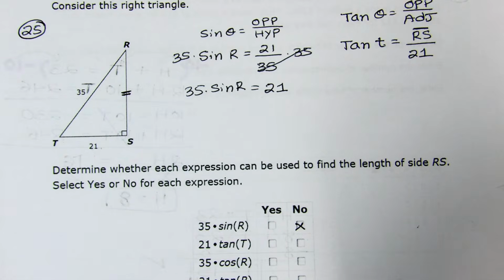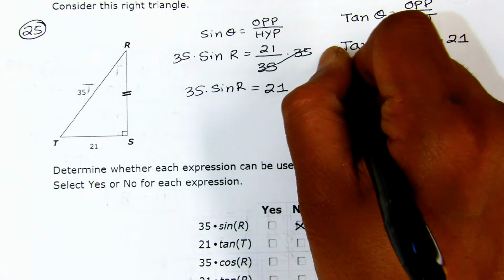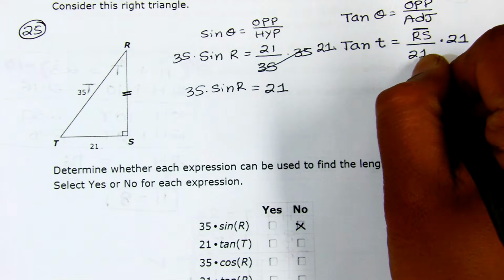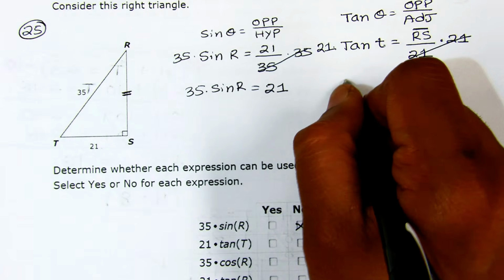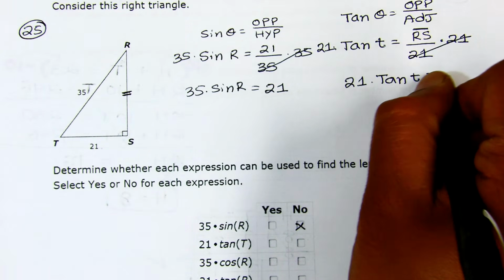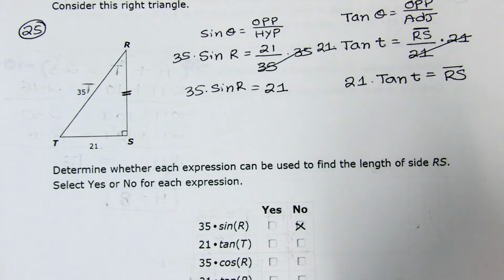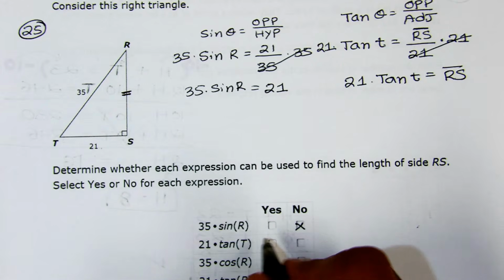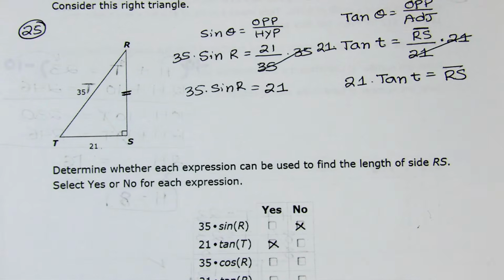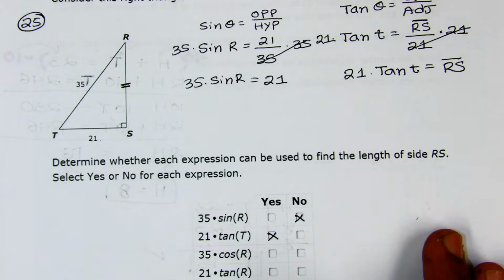If I multiply both sides by 21, we do get a statement that says 21 tangent T equals the length of RS. So yes, this second statement we could use to find the length of RS.